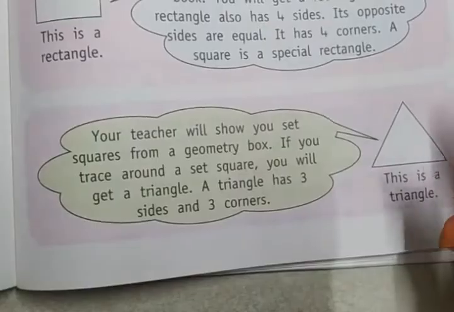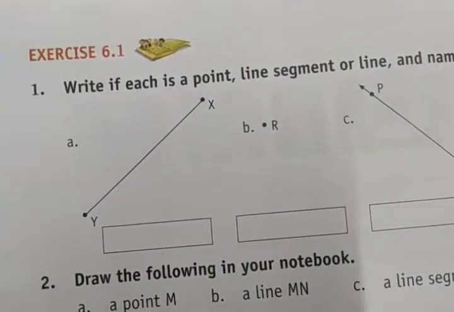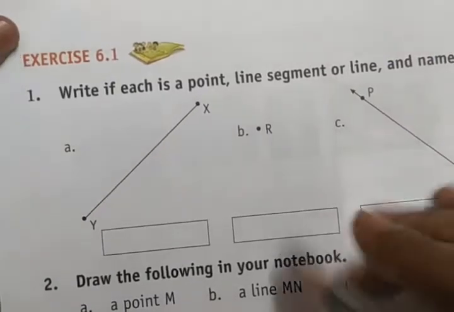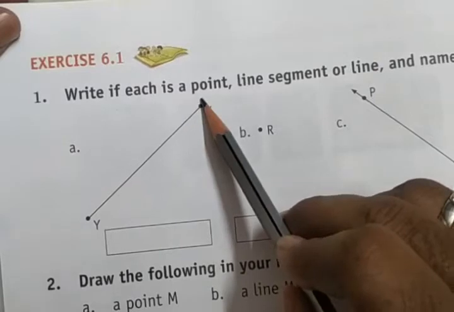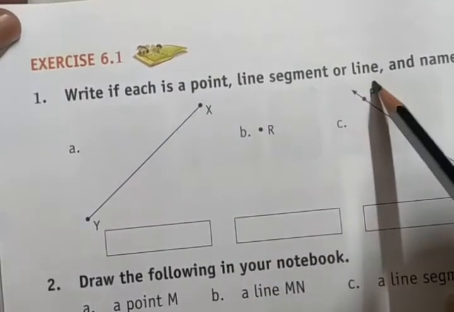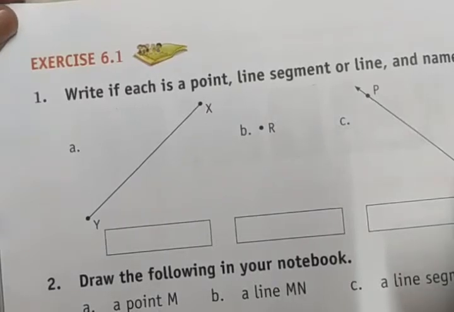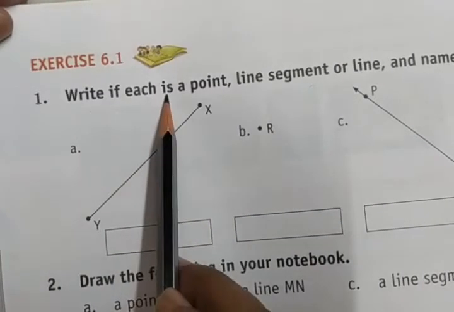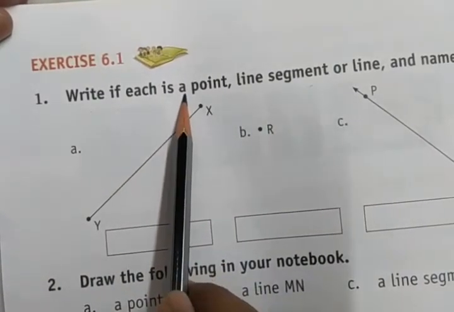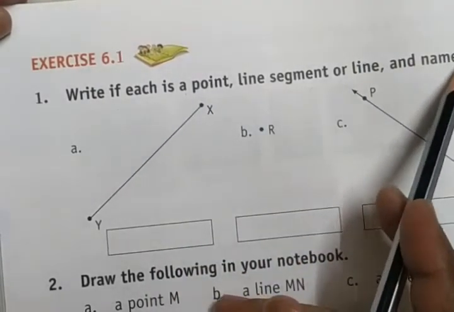Hope you have understood. Exercise number 6.1 we will do based on the same concepts. Write if each is a point, a line segment or a line, and name it.